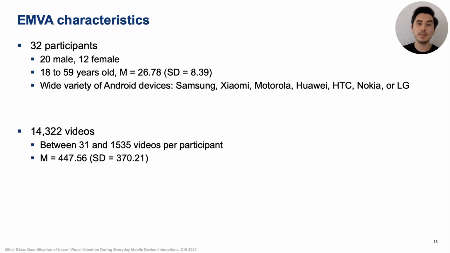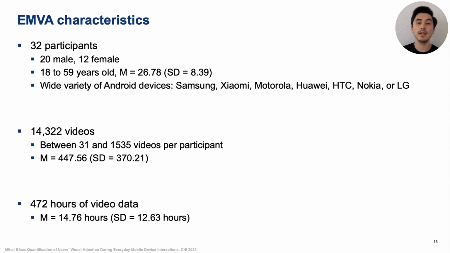The study participants shared over 14,000 videos with us, on average 447 per participant. That amounts to around 470 hours of video data and associated metadata, or around 15 hours per participant on average. The data was collected over a period of 2 weeks.